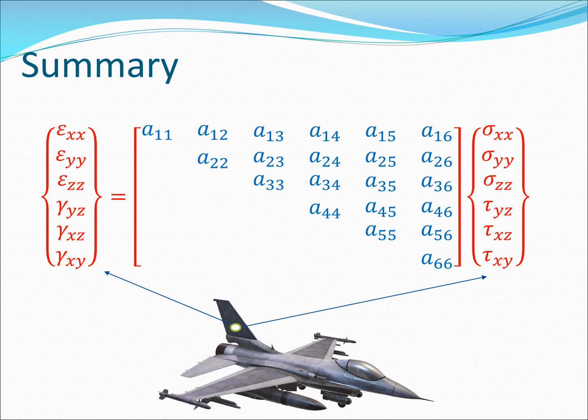If we can calculate that, there are many things we can do. Why we go through all this math is that essentially we need to design the aircraft such that it does not fail. So remember, failure can take place at any point, and therefore we need to find at every point whether a certain failure criterion is satisfied or not.